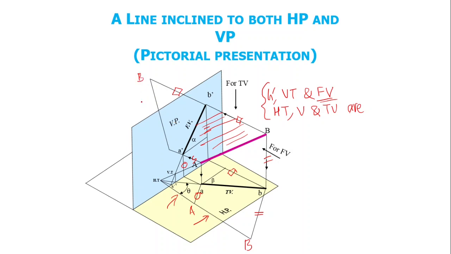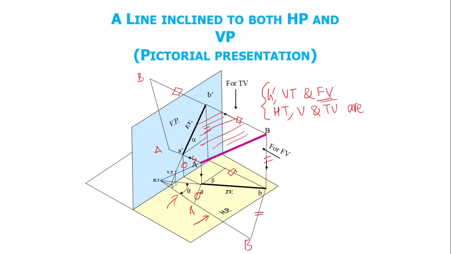Here this one is capital B and this point is capital A. That is the true length. And we can see that the meeting point of the true length and the front view is actually the vertical trace.